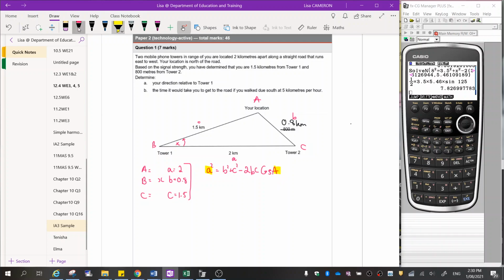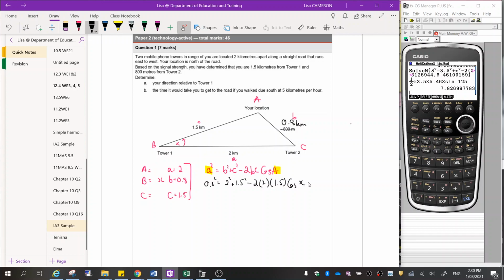Okay, so let's make sure we get them assigned correctly. So that'll be 0.8 squared is equal to 2 squared plus 1.5 squared minus 2 times 2 times 1.5 cos of our angle.